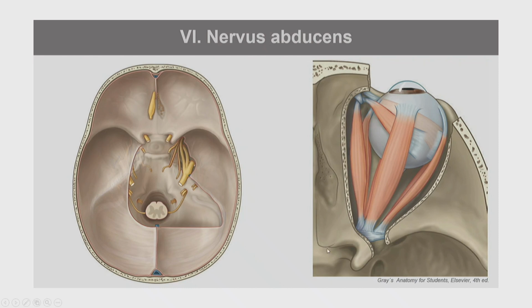Abducens is the abducent nerve. It's passing through the superior orbital fissure, and as we said, it is a pure somatomotor fiber, responsible only for innervation of one muscle, the lateral rectus muscle. This lateral rectus muscle is moving your eyeball to the lateral side, which is abduction of the eye.